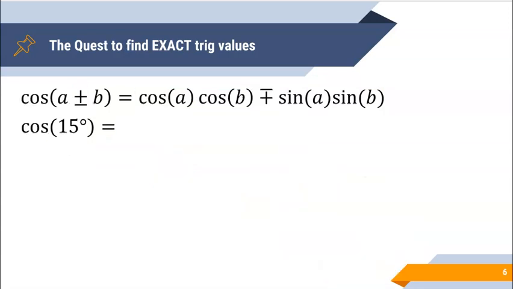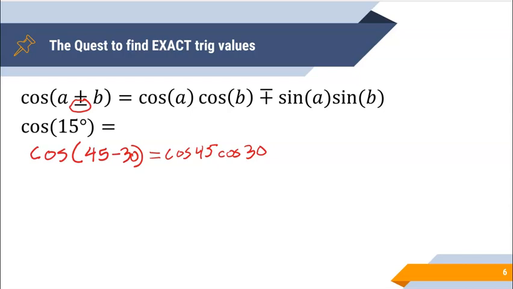Let's try another one. Let's look at this one, cosine of 15. Now we have 2 different ways to get the 15. I'm going to go ahead and do the 45 minus 30. I'm going to say this equals the cosine of 45 minus 30. Okay. And then using our formula, that will be the cosine of 45, cosine of 30. Now we need to be careful because when we're subtracting the two angles, we need to make sure we are adding in our formula.